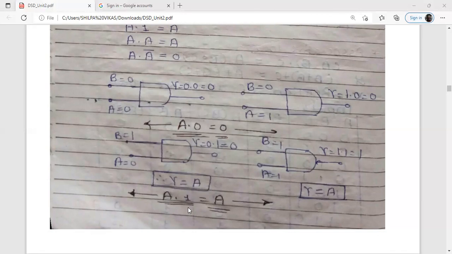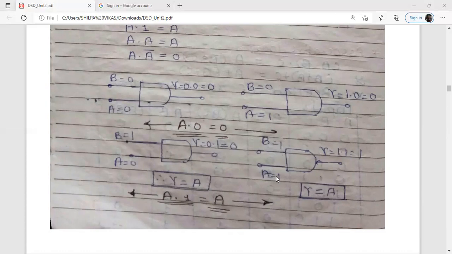Now here, if we multiply A by 1, then output is the same. So here B is 1, and here in both cases A is equal to 0, A is equal to 1. So B is equal to 1, then 0 dot 1 is equal to 0. So if one input is 1, then output remains the same as the other input.